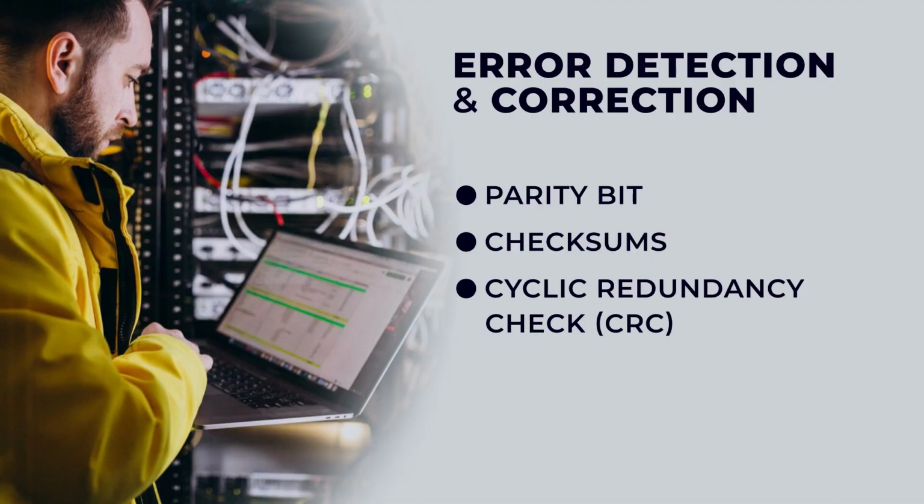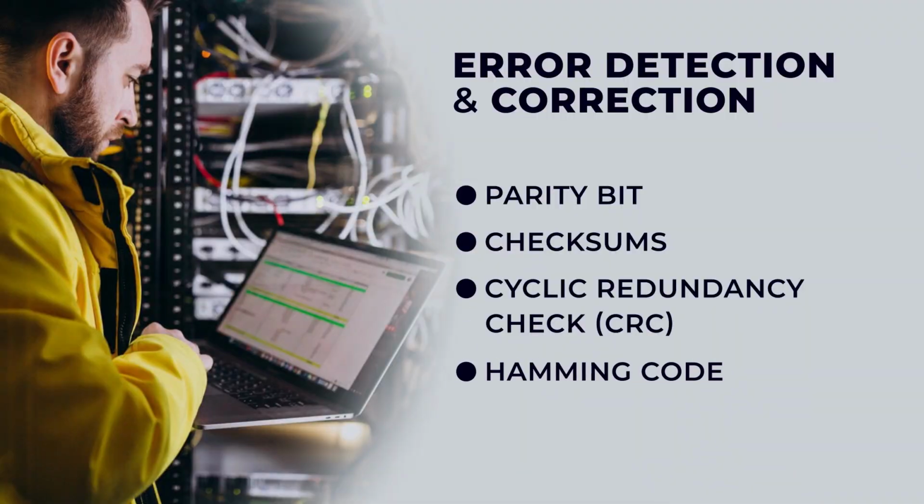Sum the data segments and transmit the total along with the data to detect errors. Cyclic redundancy check, that is called CRC. Use polynomial division to detect errors in transmitted data. Another type of coding method is Hamming code. It detects and corrects single bit errors by adding redundant bits to the data.